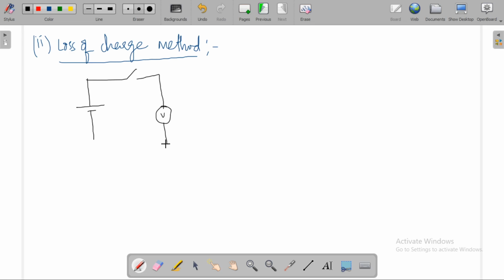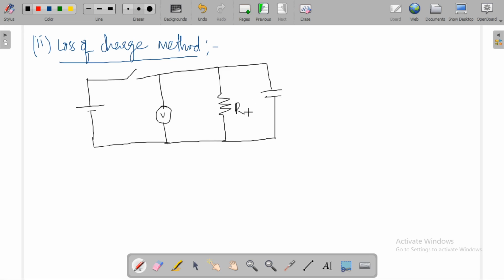We use an electrostatic voltmeter to measure voltage. The resistance to be measured is connected across a capacitor. Here we use a voltmeter to measure the voltage across this capacitor.